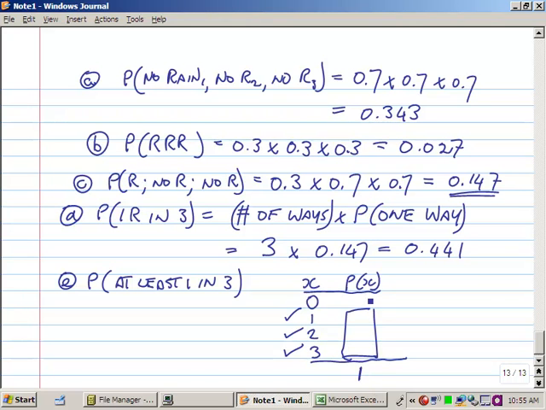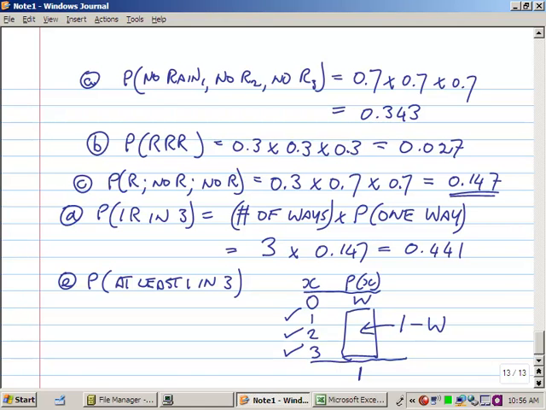So whatever this is here, let's give it a symbol. Let's say this probability of 0 days is W. Then 1, 2, or 3 days must be 1 minus W, right? Because W plus 1 minus W is equal to 1.